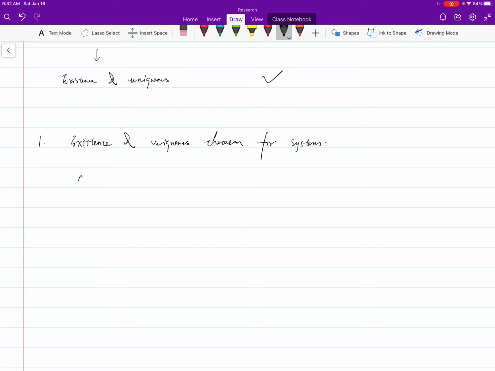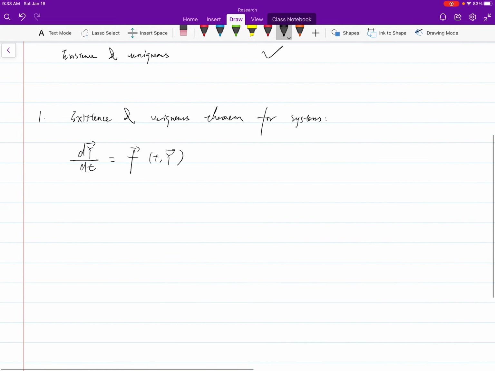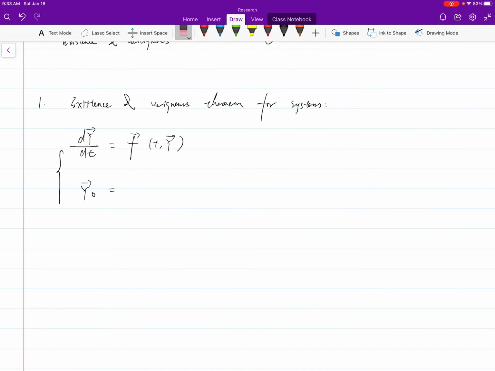So assuming we have dy over dt, this time it's a vector, equals f of t and y. F is a function whose output is a vector, and we have an initial value. Again, it's a vector, which is given.